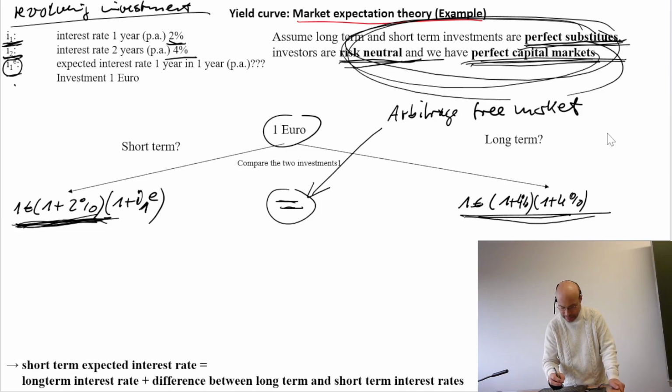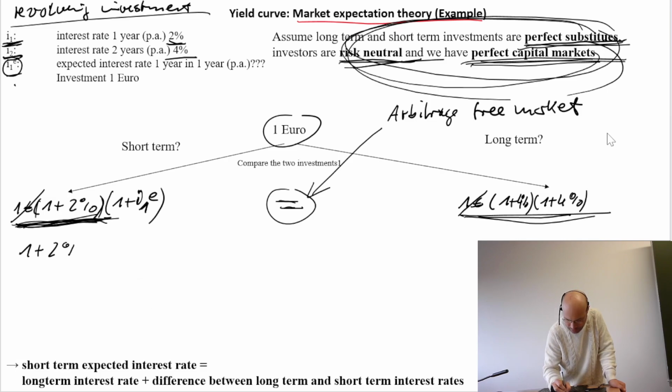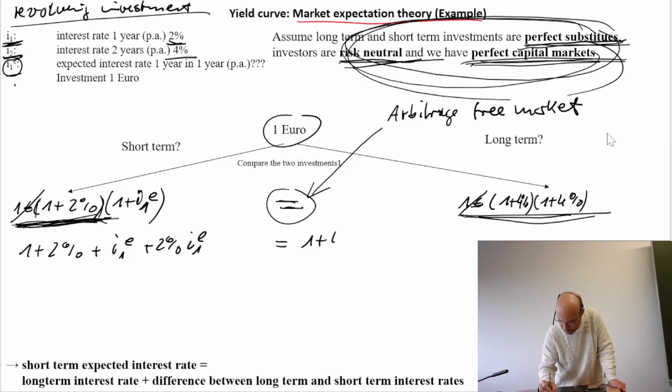So let's just calculate the brackets. At first we see the amount of investment cancels out, and then we obtain (1 + 2%)(1 + I1E) = (1 + 4%)², with I2 = 4%.